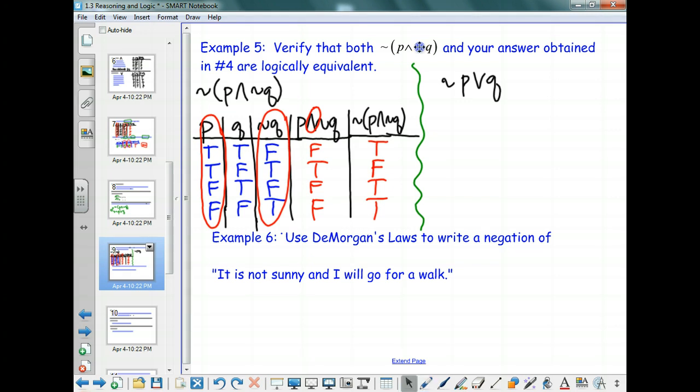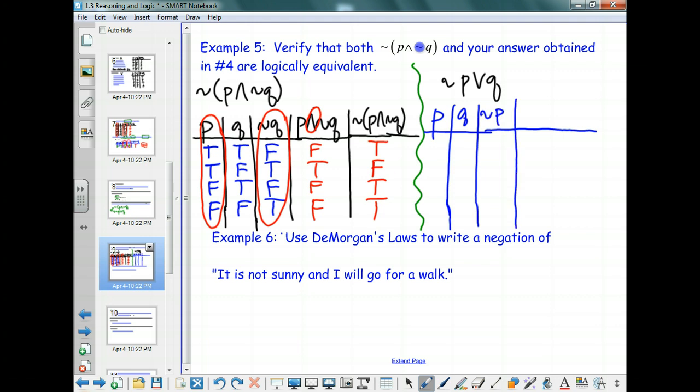So the first two columns look the same. They've got P and Q. What's the next column going to look like? Tilde P. And then I only need one more column, right? So hey, that was handy. Last column is tilde P or Q. Less work.